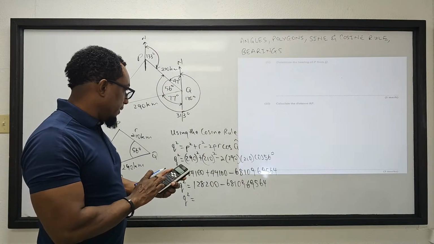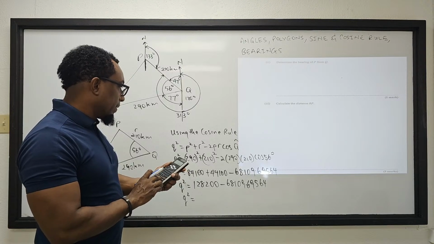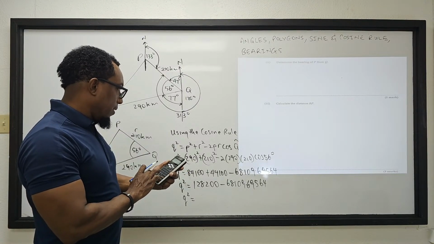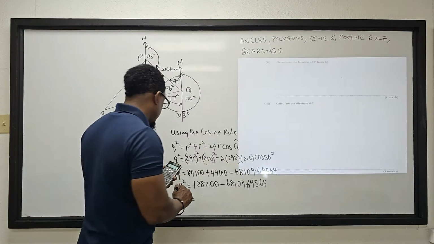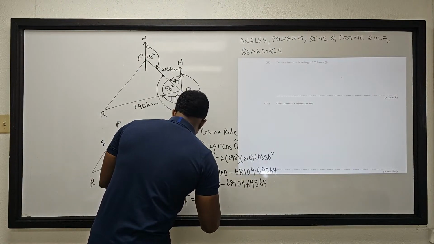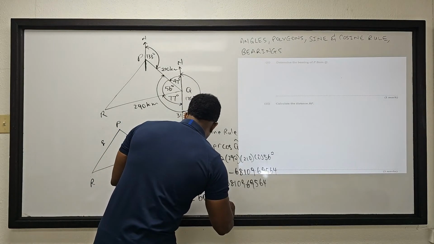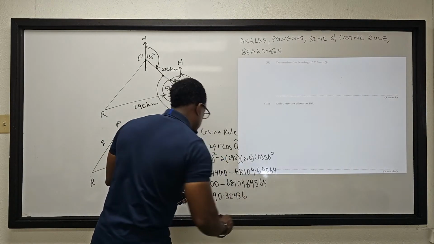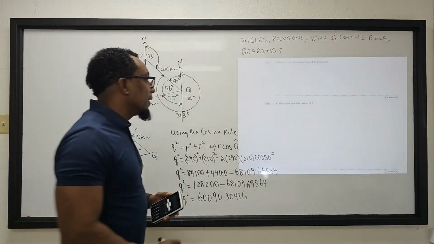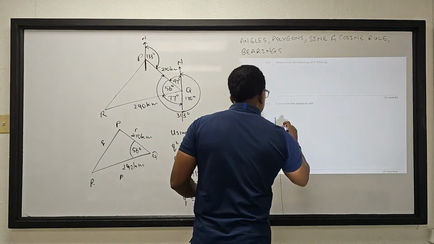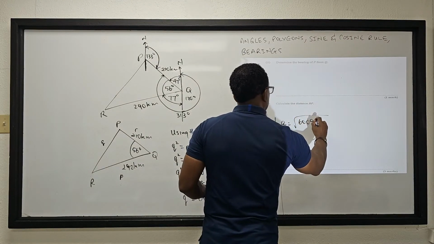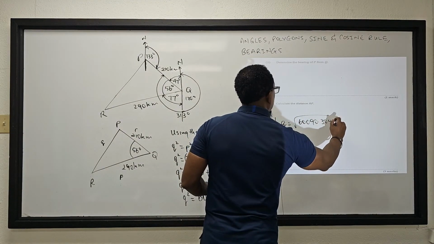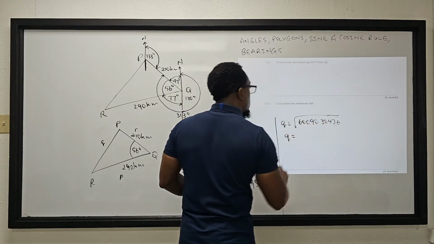So this is 128,200, subtract 68,109.69564. Right, we're going to get 60090.30436. And to get q by itself, I have to now find the square root of 60090.30436. And let's work out what that is.